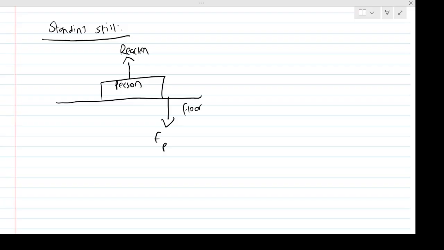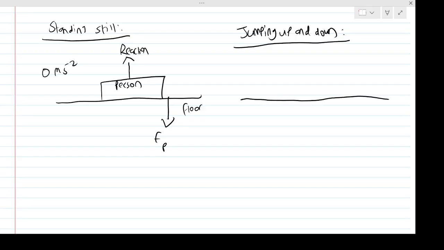Okay, now, I said they're standing still, so there's going to be no acceleration. Well, now what I'm going to say is, what about if the person is jumping up and down? Okay, so let's say, again, we have the same situation, the person here.